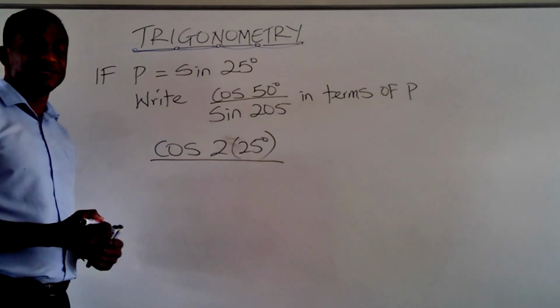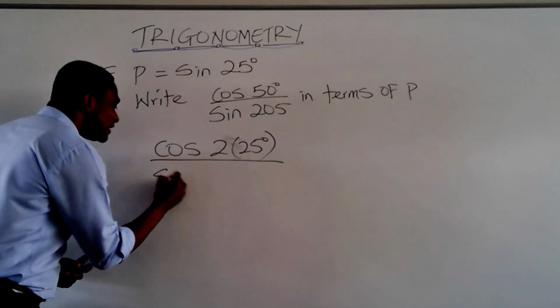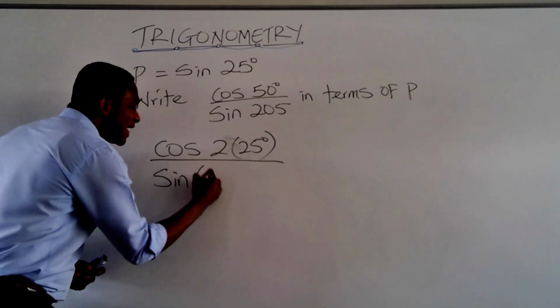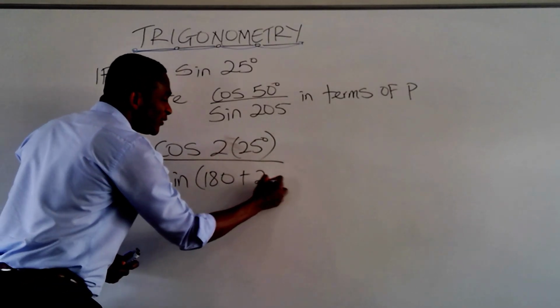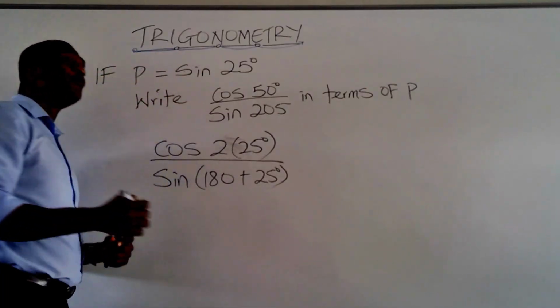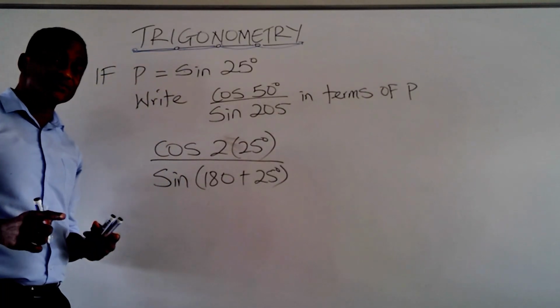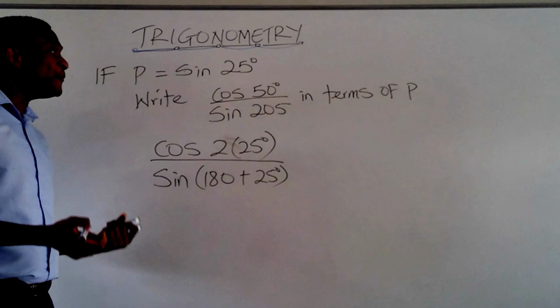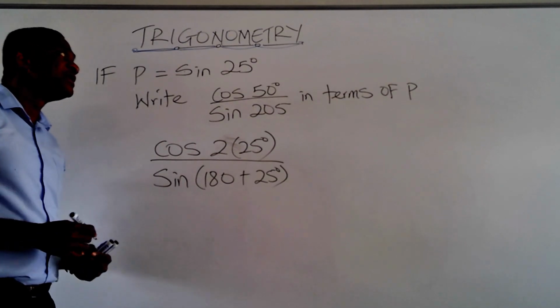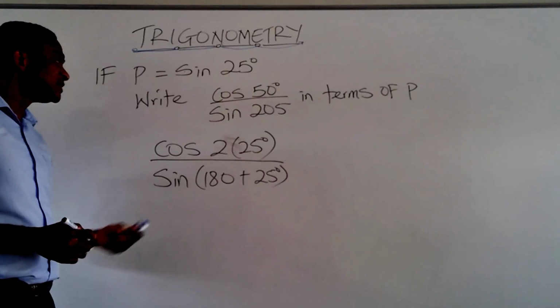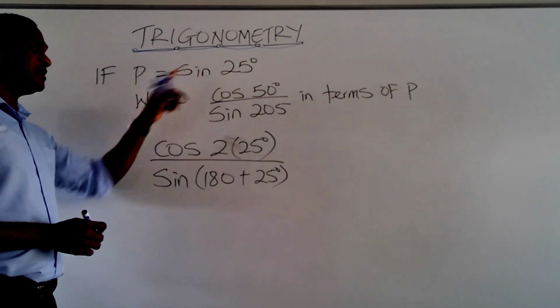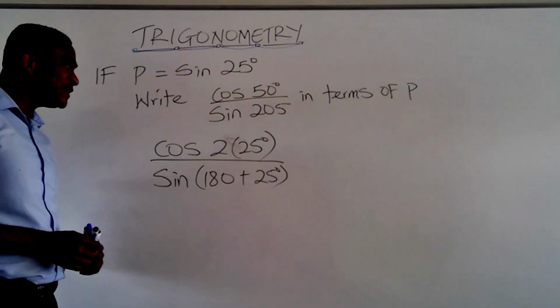Remember, 25 is key here. So we look at breaking the identity we have here, 180 plus 25. Remember, we do not alter the value, but we break it down to components that will still represent the given key.